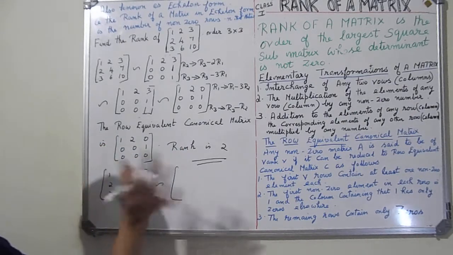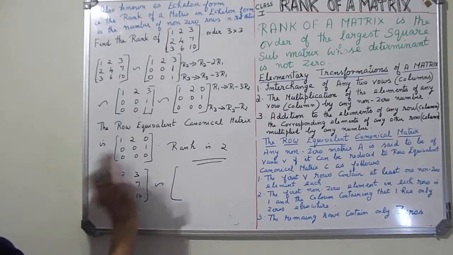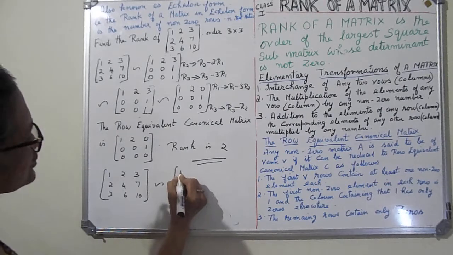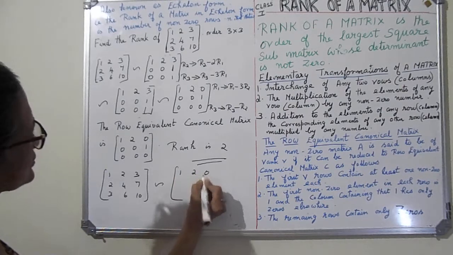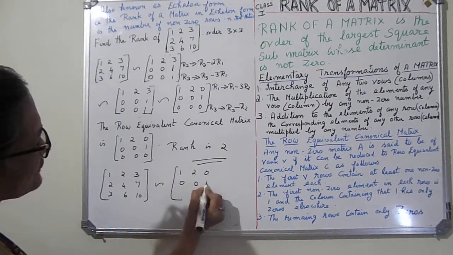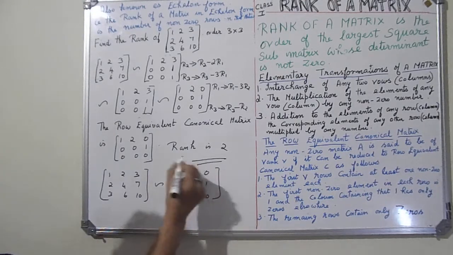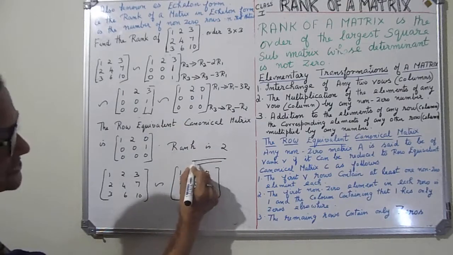Remember that, we are not performing any transformations on the columns. This is equivalent to 1, 2, 0, 0, 0, 1, 0, 0, 0. That is, the rank of the given matrix is equal to 2.